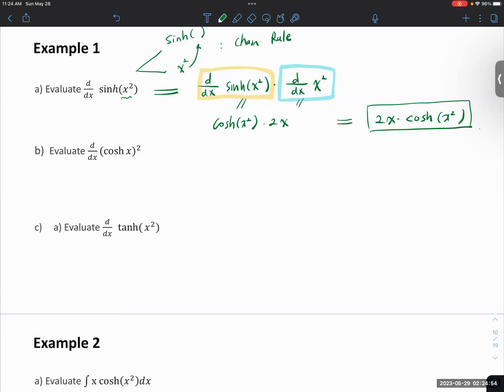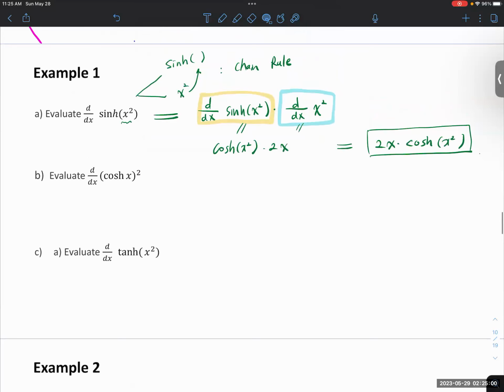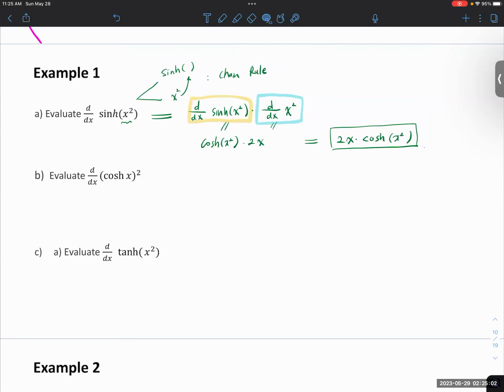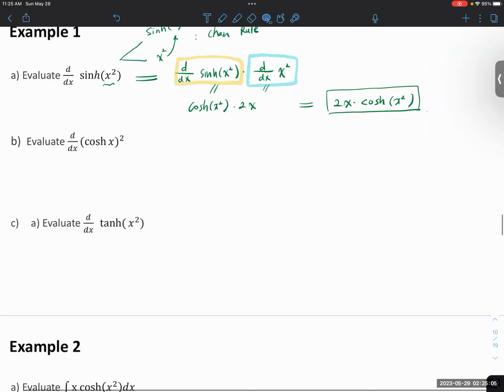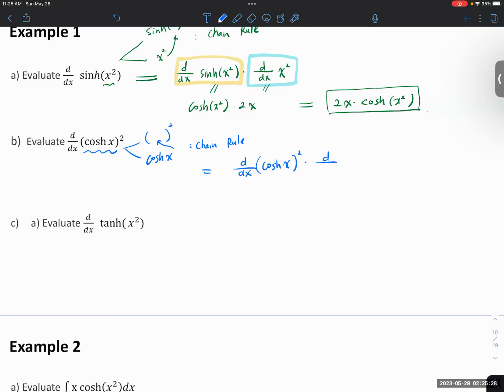So let's take a look at a couple more. I'm going to change the color, and I'm going to make it a little bit smaller. So let's look at letter B. Same thing, you see the two functions going on. What happened? One is a quadratic function, something to the second power, and the cosh function has been substituted there. So this is another chain rule. So what are you guys going to do? You're going to take the derivative of the outside, cosh x entire squared, times d over dx of the inside, cosh x.